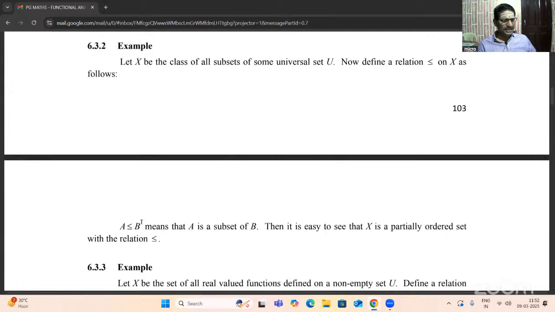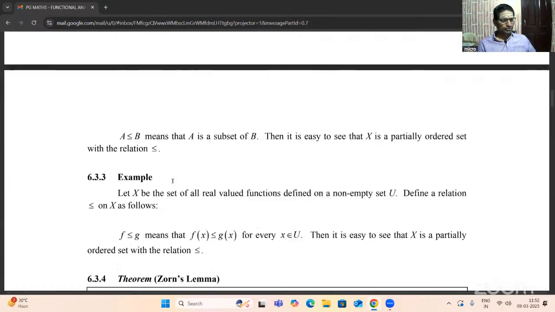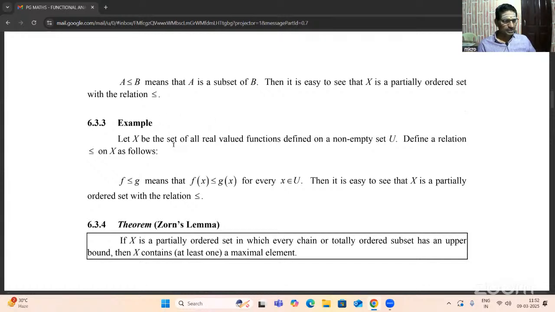Capital A and B are two subsets, and A is a subset of capital B, read as A less than or equal to B. This is also a partially ordered set, and with respect to the relation less than or equal to, that is the partial order relation. And the third example is the set of all real valued functions defined on a non-empty set, capital U.